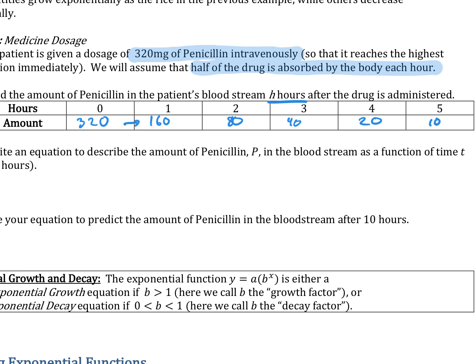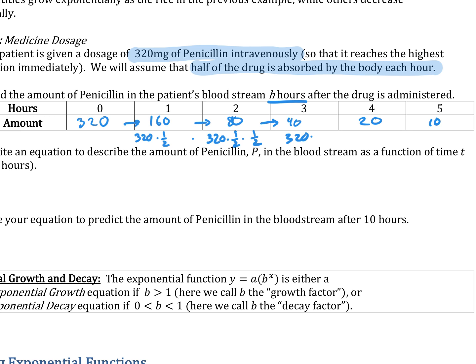So to go from 0 to 1, we've got 320 times a half. And then we're going to multiply by a half again. If we take 320, we half it, and we half it, we get 80. If we take 320 and half it 3 times, then we get 320 times a half times a half times a half, which is 40.